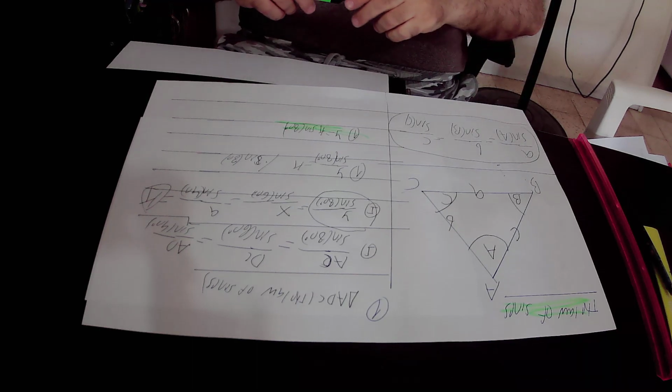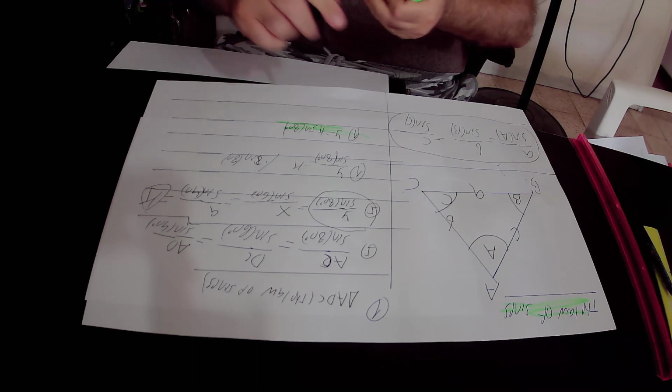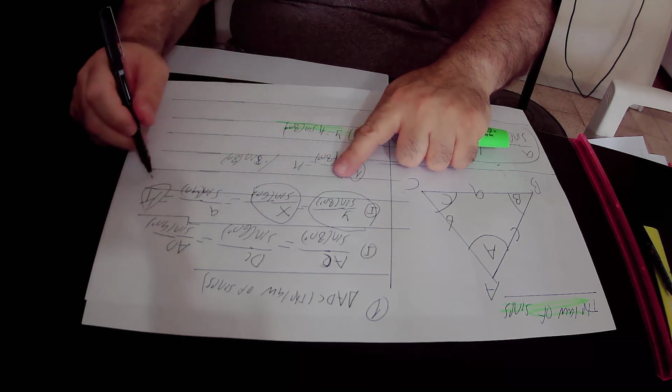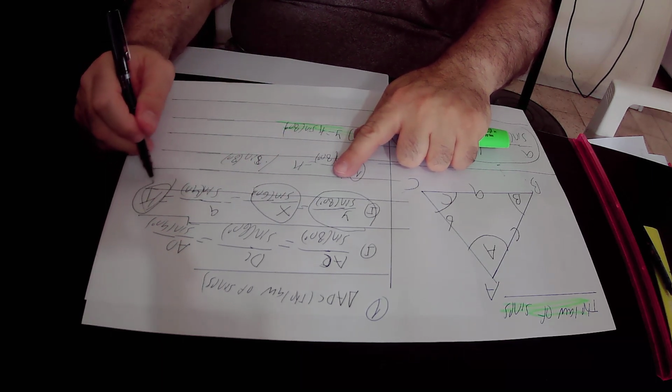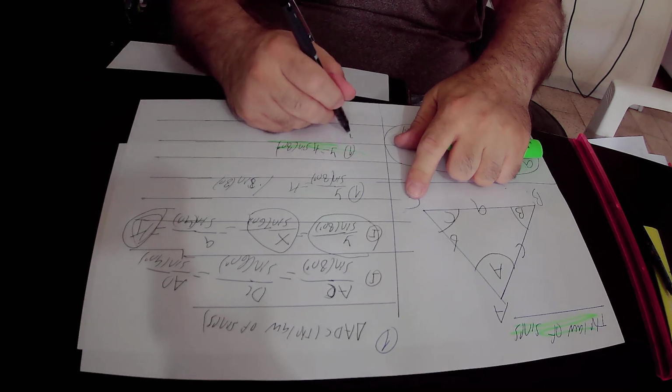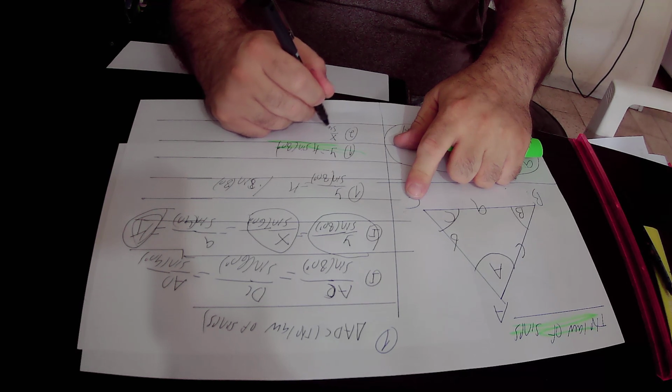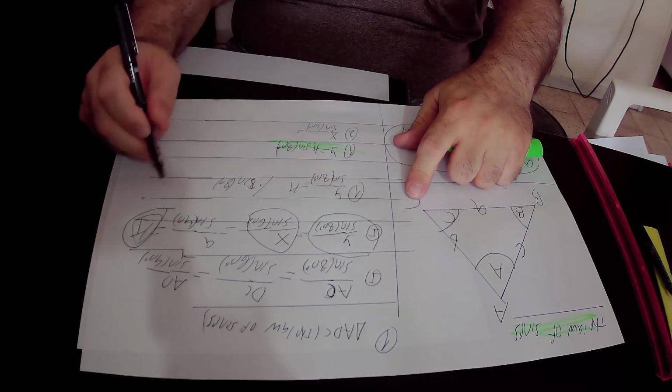We derive the second equation from this longer equation. Those two expressions are equal to each other, that is to say x over sine 60 degrees is equal to k.